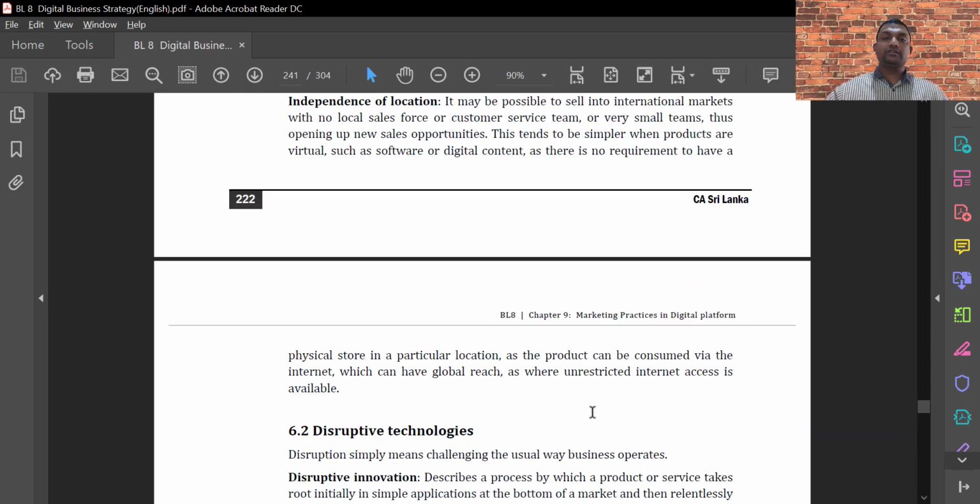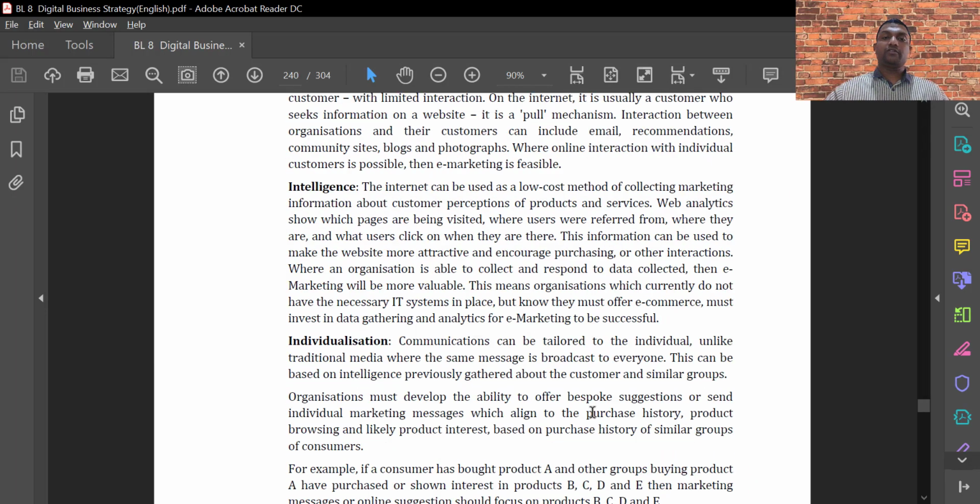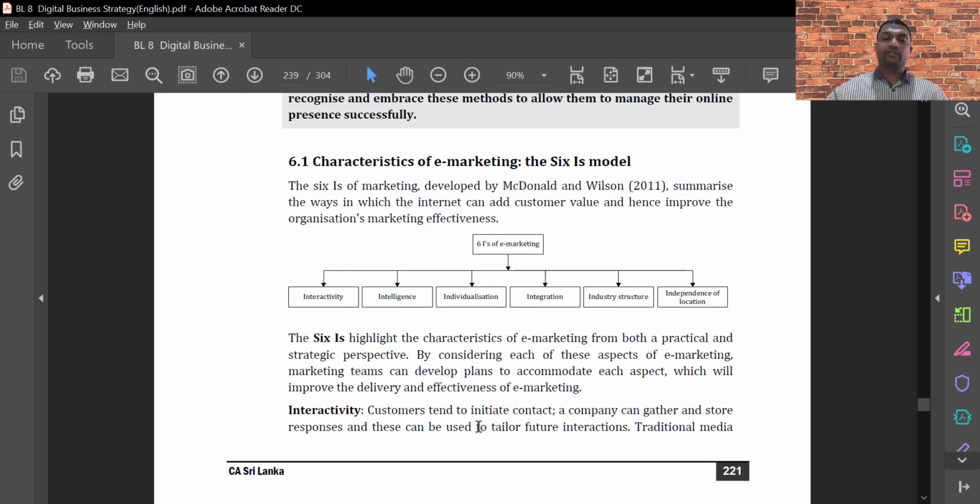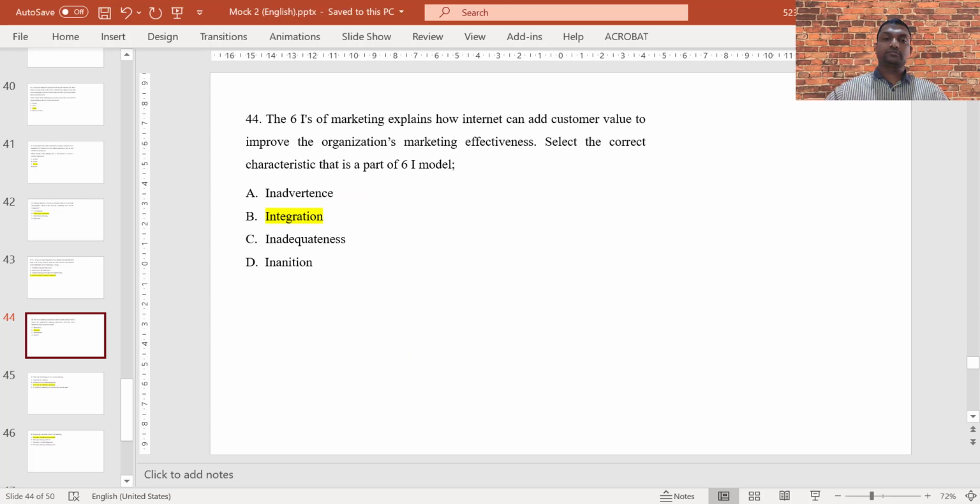It's good if you can read this and have an idea. Among the 6 I's, of what is given in the answer options, only integration is available, and the other options are not part of the 6 I's model. So the correct answer is B, integration.